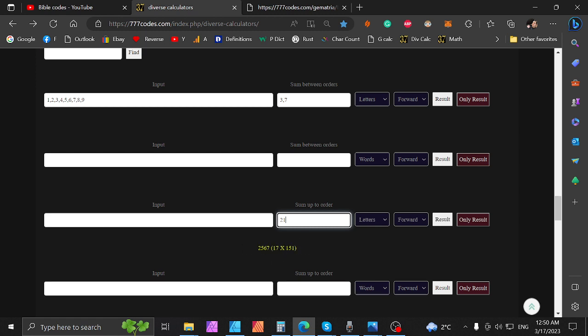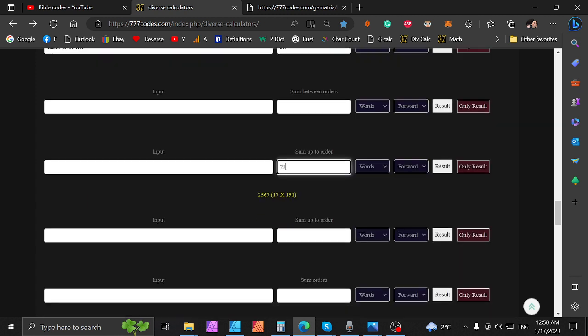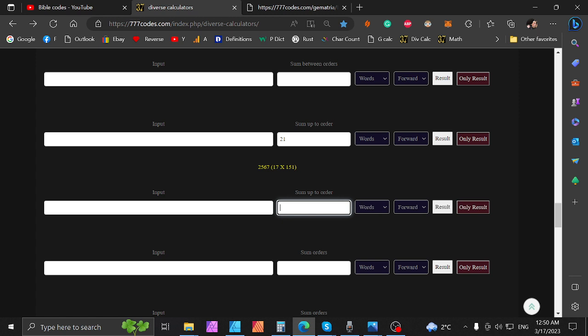Now let's say one verse has 20 letters. Then it will just add the first letter of that verse, because it counts by rotation in cycles by the number of letters, as long as you input letters here. If it's by words, it's by rotation by the number of words in cycles. So it's really cool.